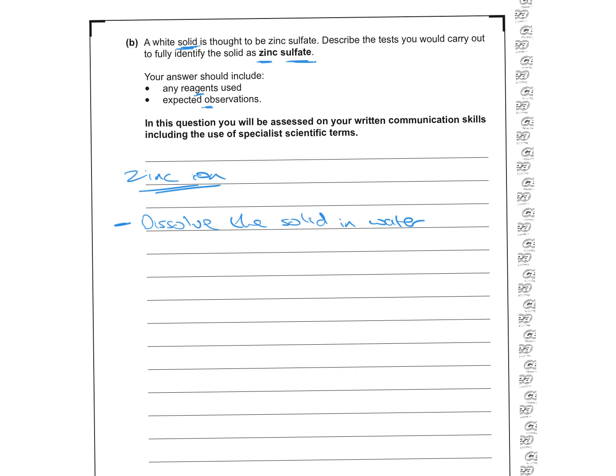Now, in this case, it is ammonia solution. So I'm just going to focus on that for a moment. So I'm going to add ammonia solution, and it will form a white precipitate. Now, if the ammonia solution is added until it's in excess, that precipitate disappears.